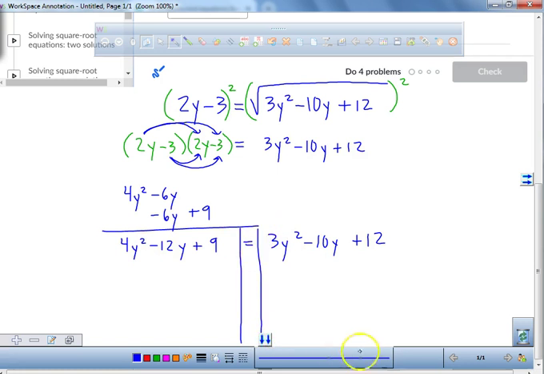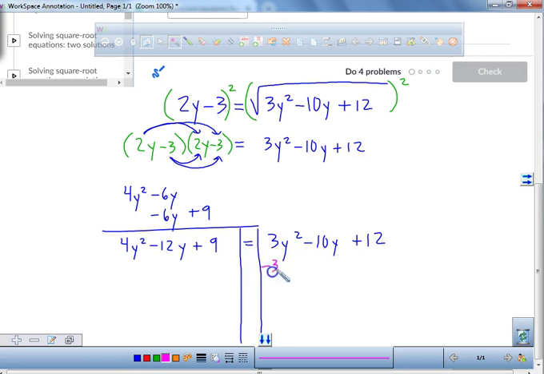What do we need to set all of our quadratics equal to? 0, you're right. We've got to set them all equal to 0. So I'm going to take all of this and move it over to the left. Why am I moving everything to the left? Because that's a 4y squared, and that's going to make it a lot easier. I don't want a negative y squared. I can deal with it, but I'd rather it be positive than negative.